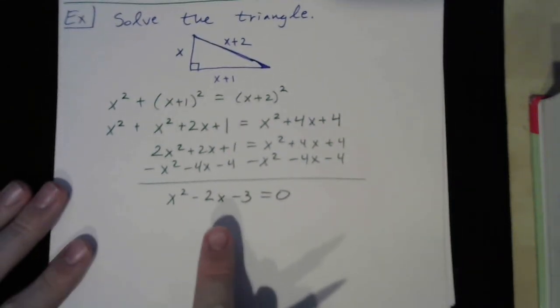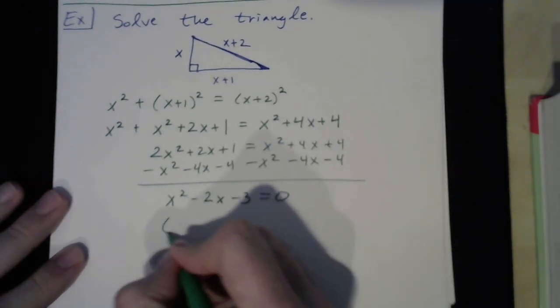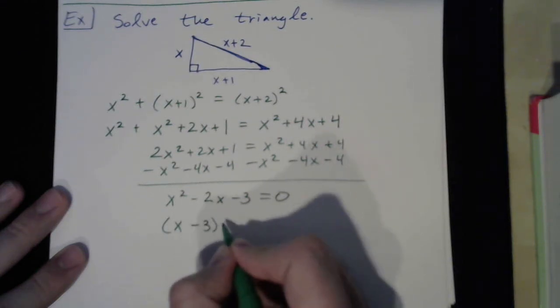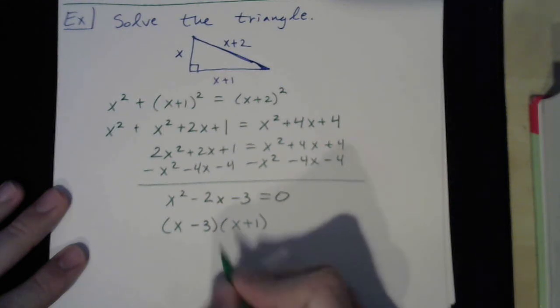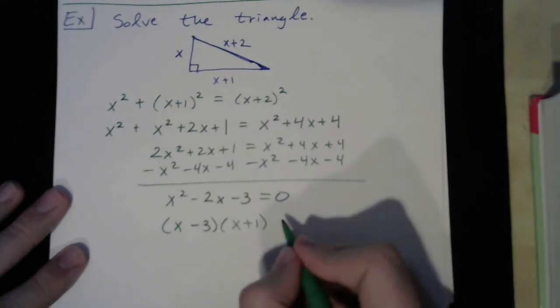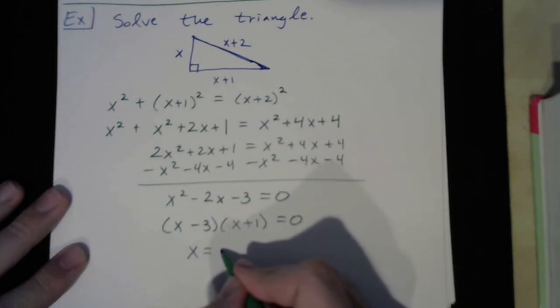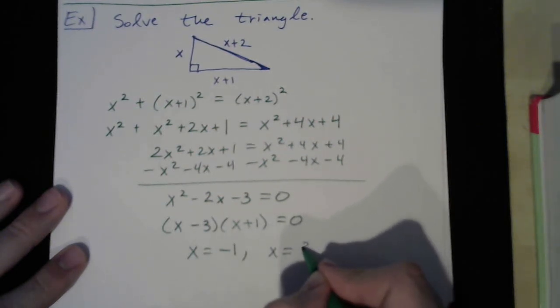And so now we're thinking what multiplies to make negative 3 and adds up to negative 2. And that's going to be negative 3 and positive 1. Negative 3 times 1 is negative 3. Negative 3 plus 1 is negative 2. And that equals 0. That means x equals negative 1 or x equals positive 3.